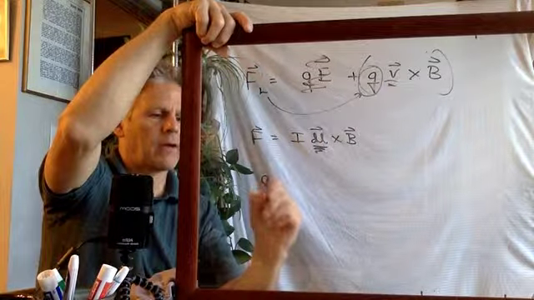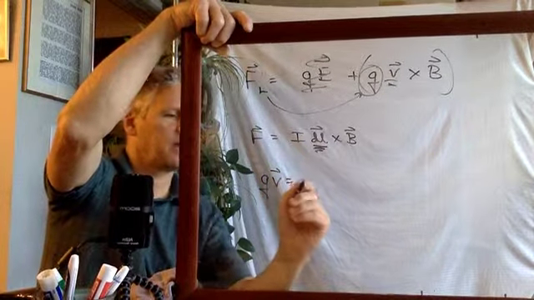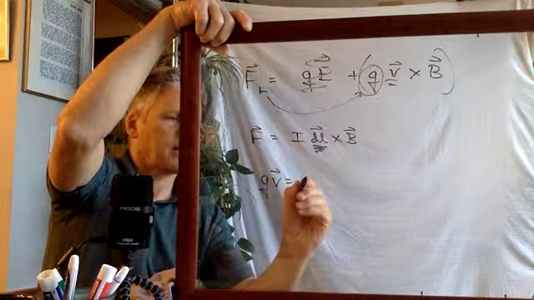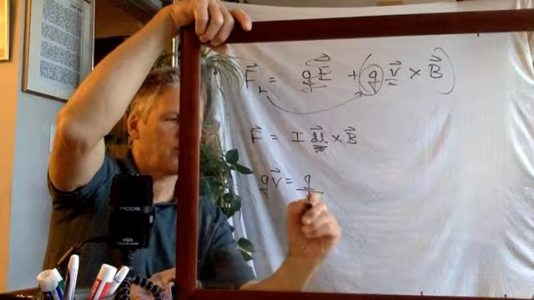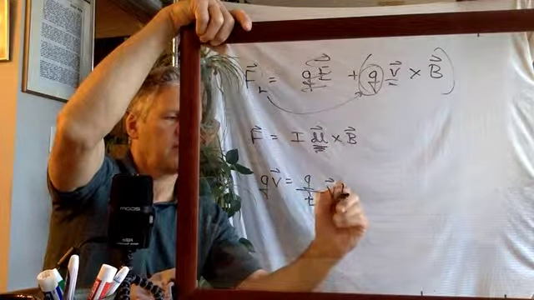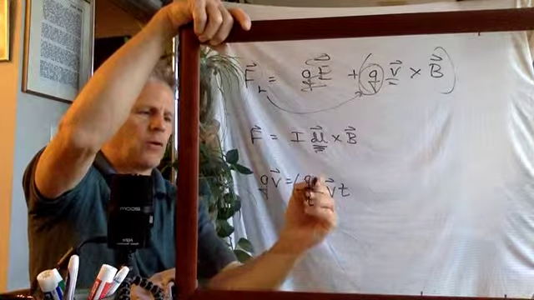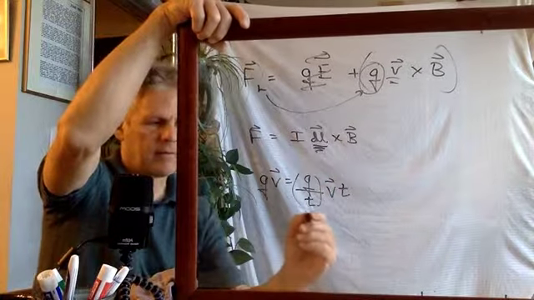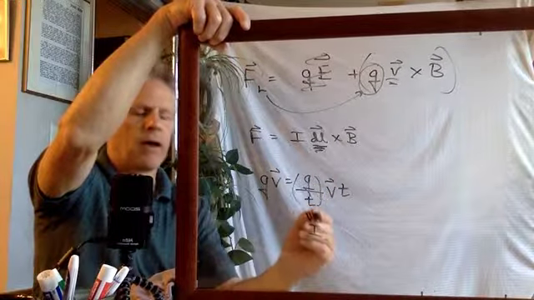If we look at QV, it's the same as looking at Q per T times V T. Q per T is, by definition, current, charge per unit time.